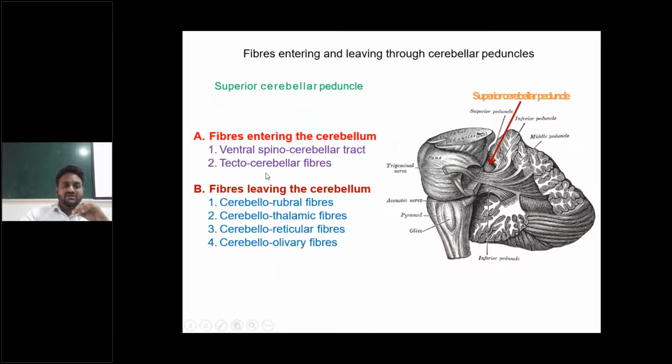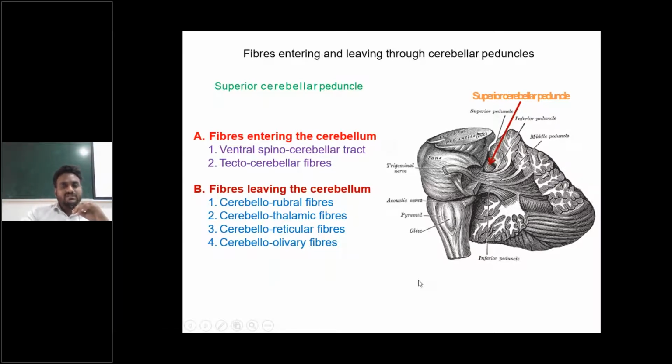So these are the input and output fibers. You will study these tracts in detail in the brainstem, spinal cord, and cerebral cortex. Right now, just remember what fibers pass through the superior cerebellar peduncle, input and output. This is the short notes question.